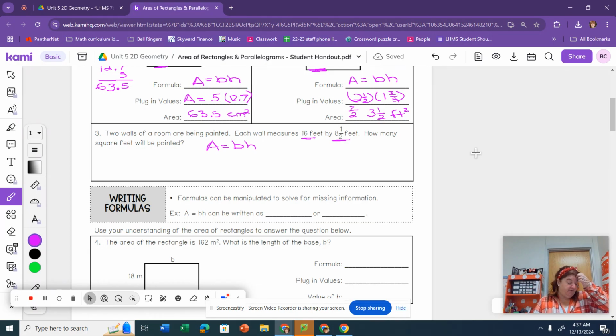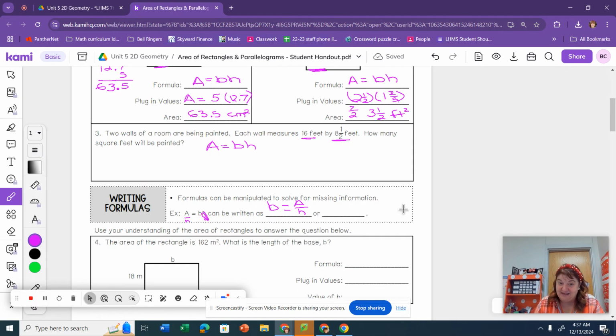Okay, writing formulas. Formulas can be manipulated to solve for missing information. For example, A equals B times H could also be written B equals A divided by H. All we did was divide by H, and so it canceled out.